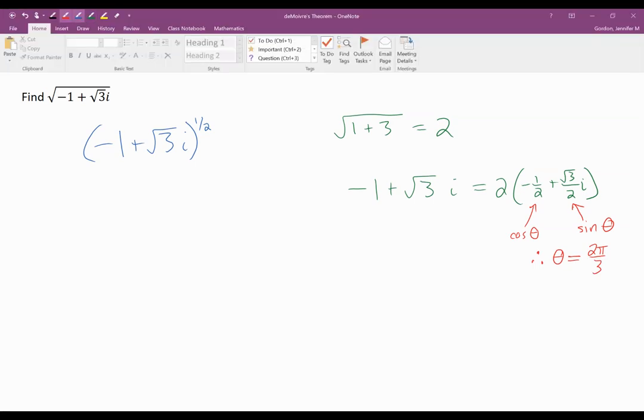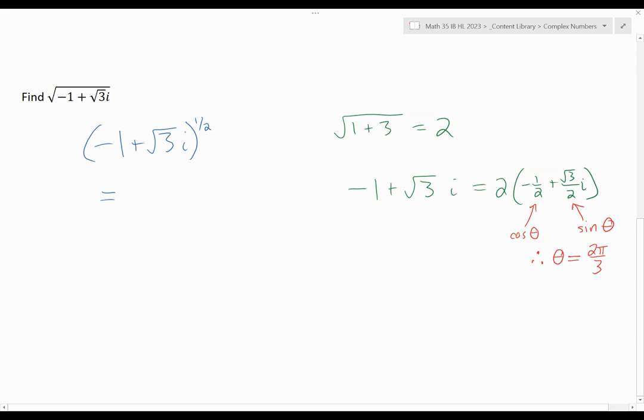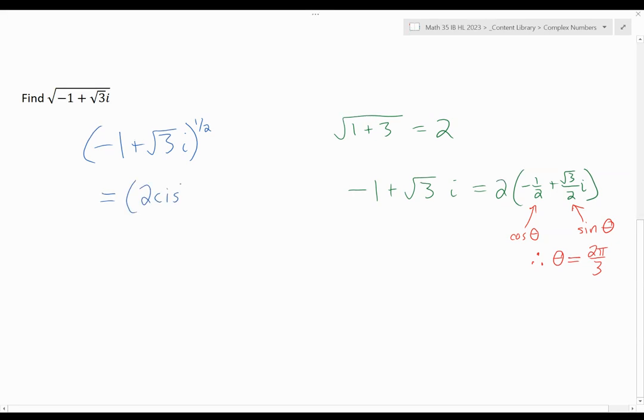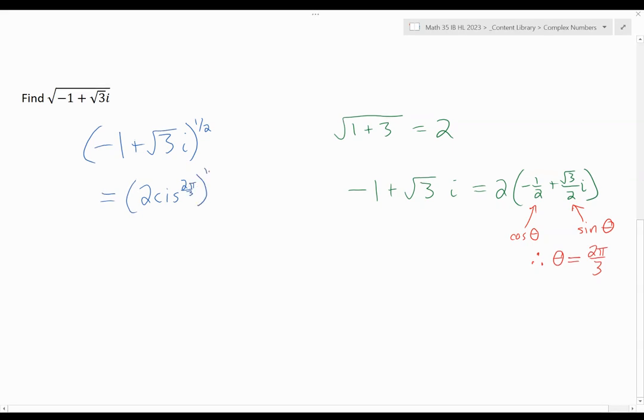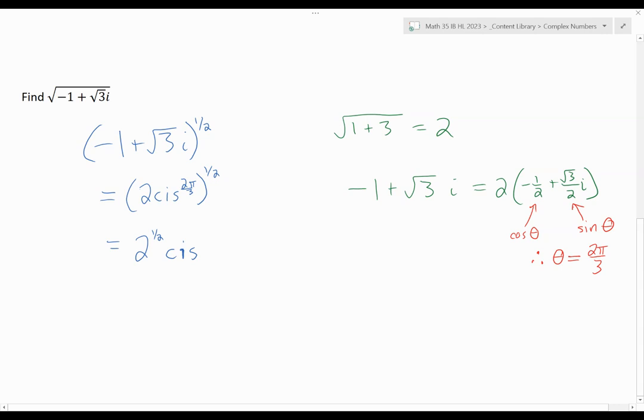So what this now means is that this root that I'm looking for is equivalent to 2 cis 2 pi over 3 to the power of 1/2, which is 2 to the power of 1/2 cis 2 pi over 3 times 1/2, which is simply pi over 3.